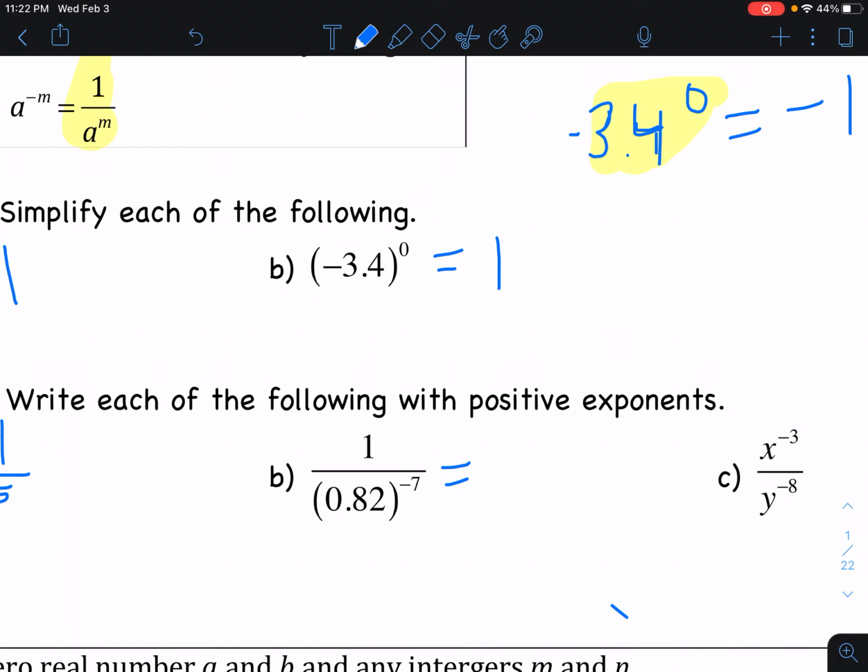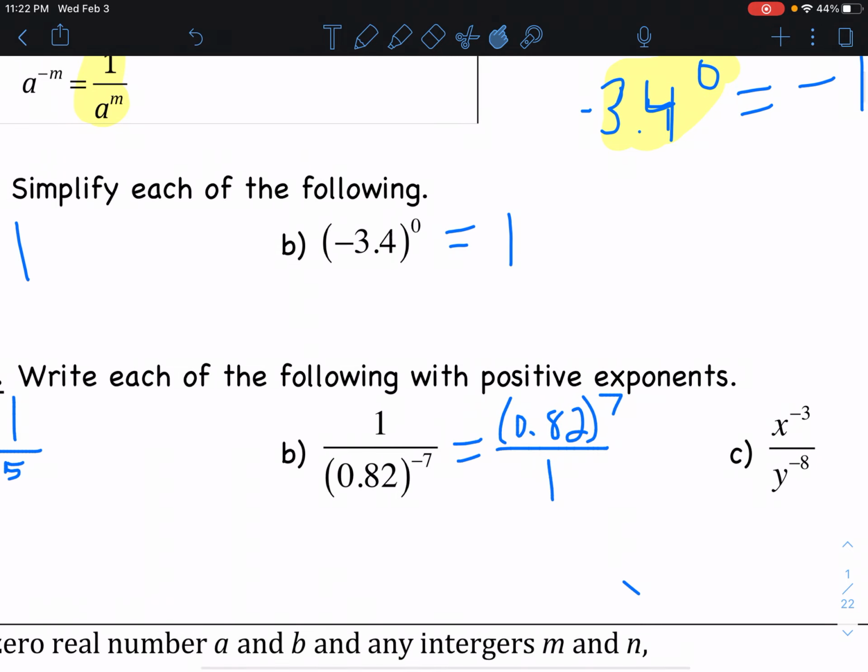So what I would do here is move the power to the numerator, change it to a positive, just like the rule says. If there's nothing on the bottom, we put a 1. However, we're not going to leave our answer like a fraction. Since it's divided by 1, we just get rid of the fraction.